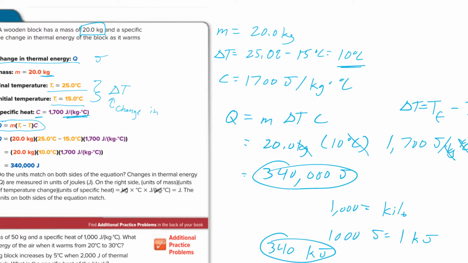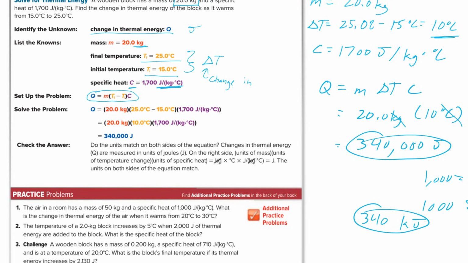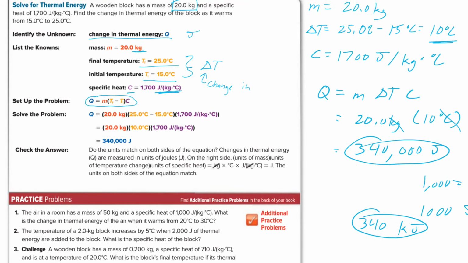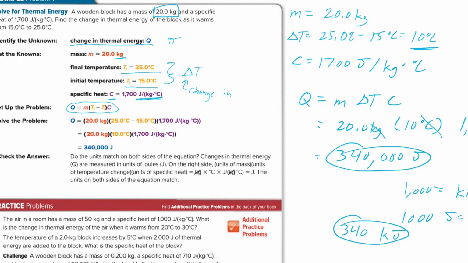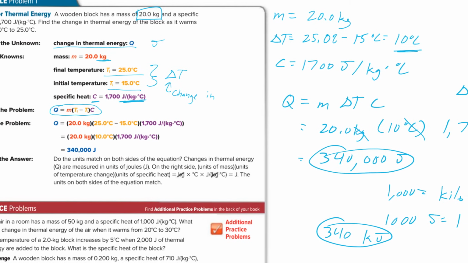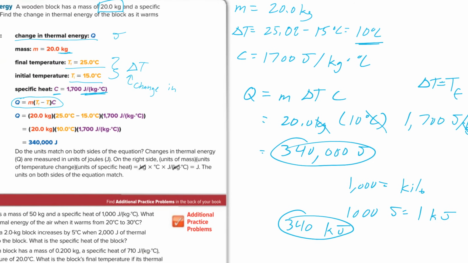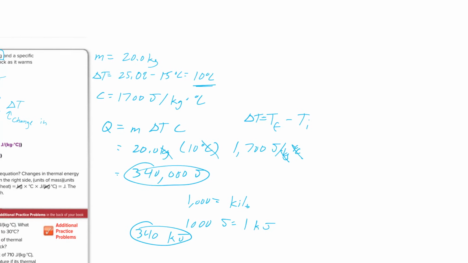Now, if you're given different parts of this, like if we look down here at number 2, it says the temperature of a 2 kilogram block increases by 5 degrees Celsius when 2,000 joules of thermal energy are applied. There, it's asking you to calculate the specific heat, so you're not given C. We're not going to work out that problem; I'll let you sort that out.